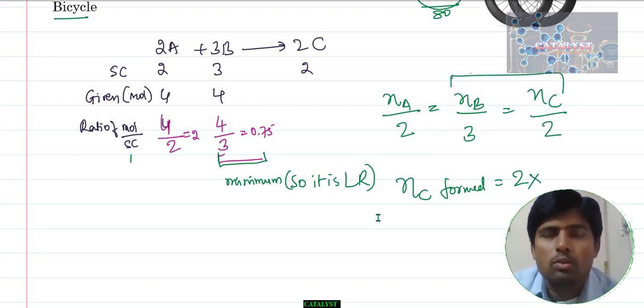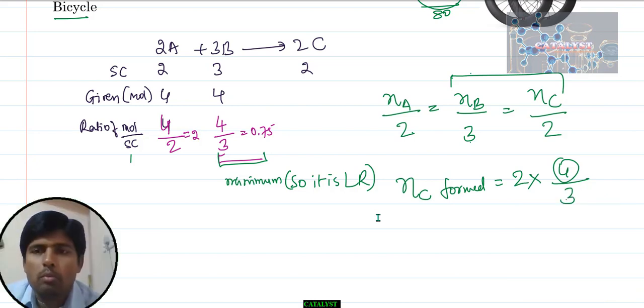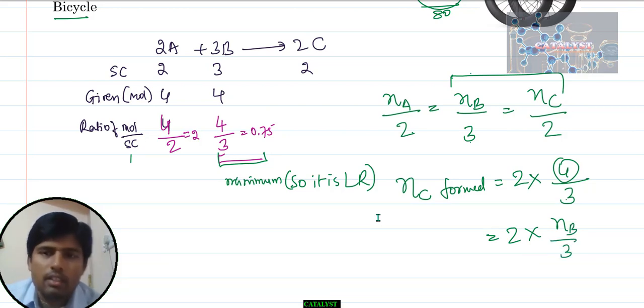So number of moles of C formed is equal to 2 will go to the numerator here, number of moles of B. Number of moles of B is 4 because that is the given, divided by this 3 here. So I can easily calculate in general by 3 because our B is the limiting reagent.